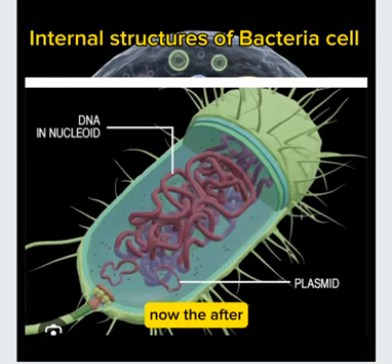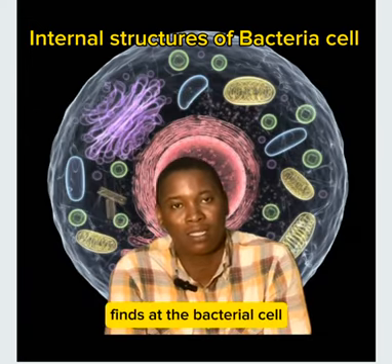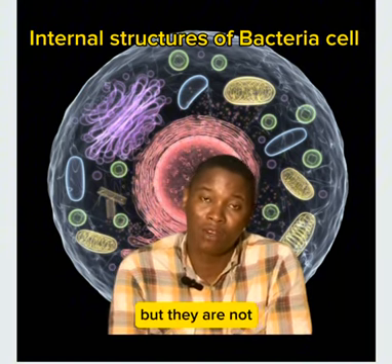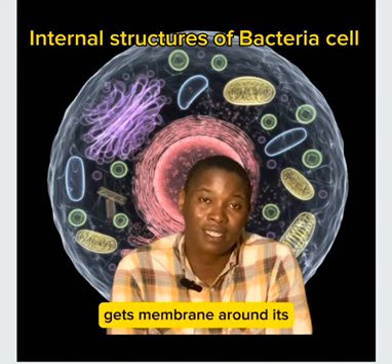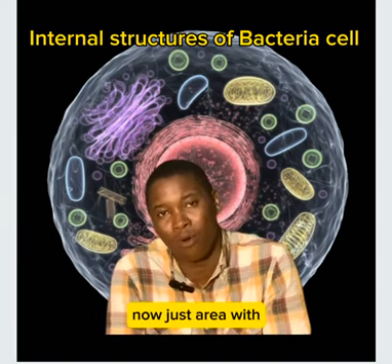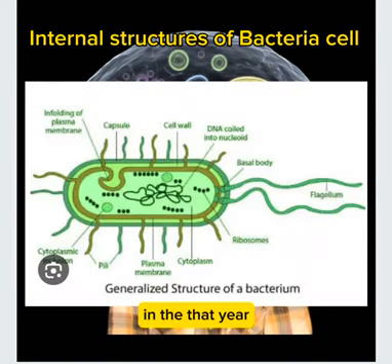Now, after we finish talking about the cytoplasm, we will discuss the final part inside the bacterial cell, which is the nucleoid region. We know that bacteria do not carry a nucleus, so there is no membrane around its own nucleus. What it has is just an area where a lot of DNA, a lot of genetic material, is found.